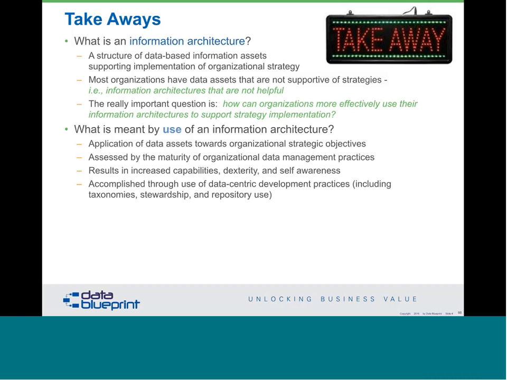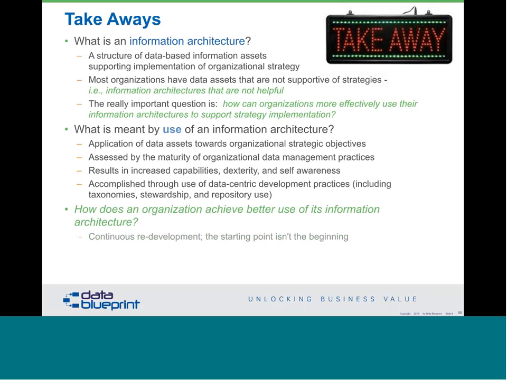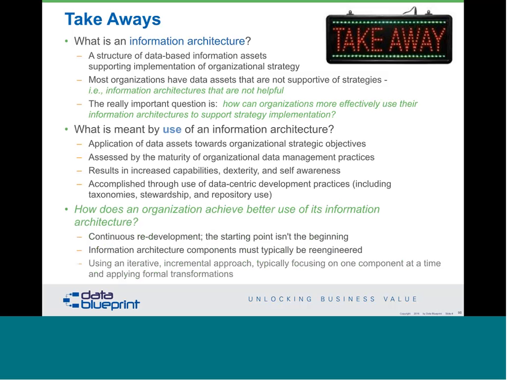That's a topic that's upcoming in a future seminar where we'll talk about that in a little bit more detail. So the question then is, how does an organization better use its existing information architecture? And the answer is continuous redevelopment. The starting point is the beginning. The only time you start off with no information architecture is when you have no organization.